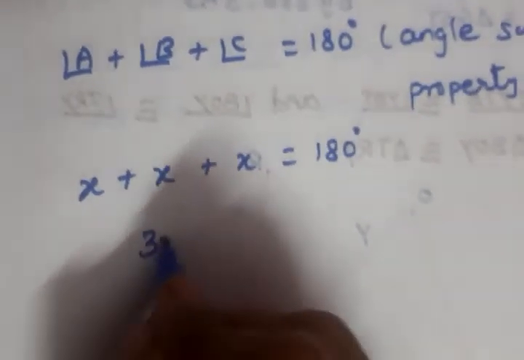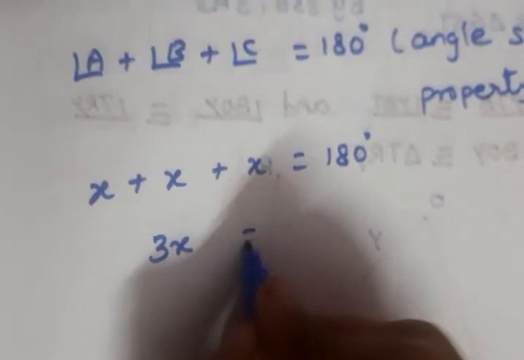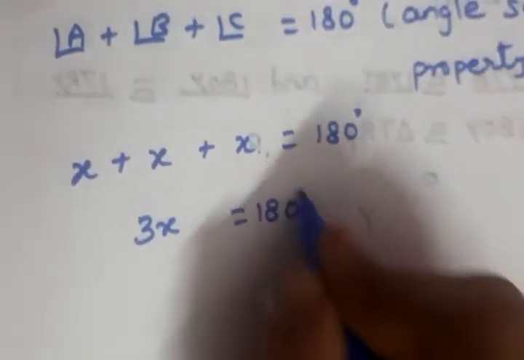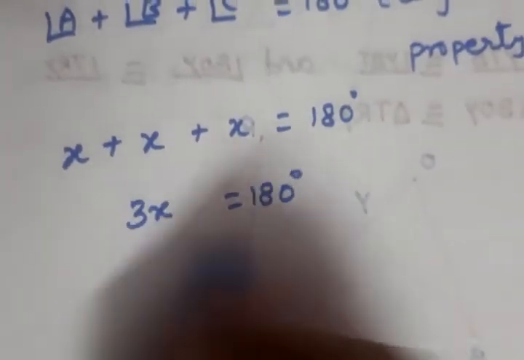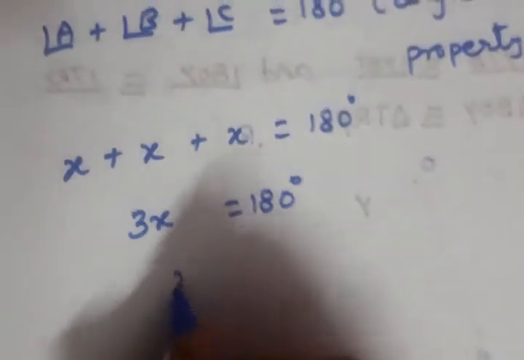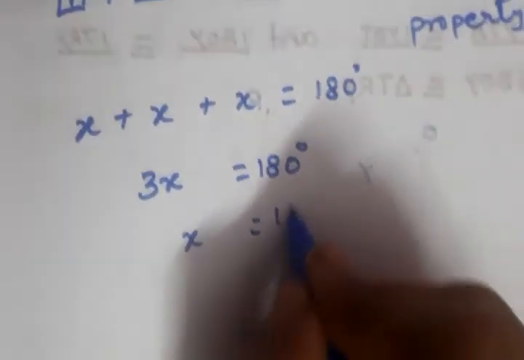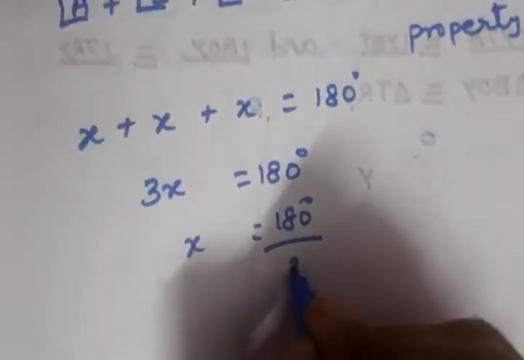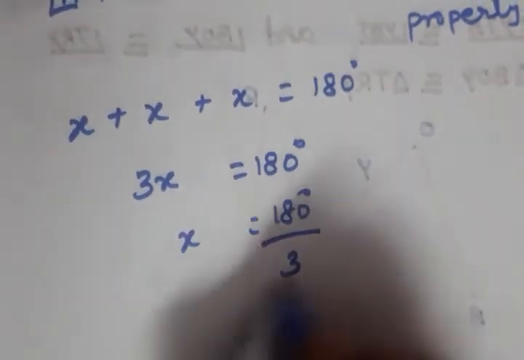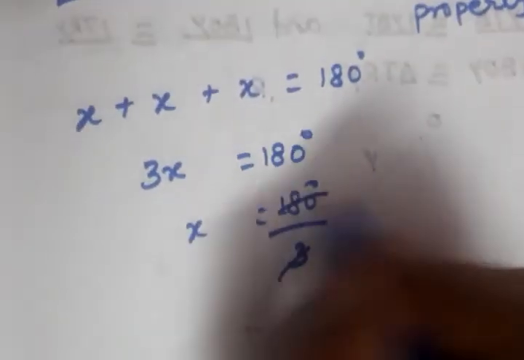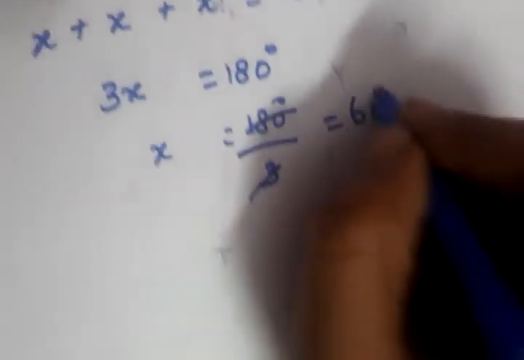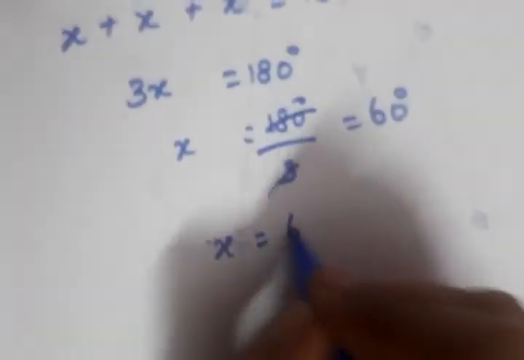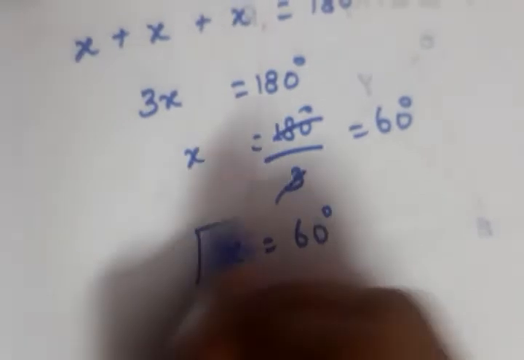So 3x equal to 180 degree. Then multiply transpose to division. So x equal to 180 degree divided by 3. So cancel it. So 60 degree. So x equal to 60 degree.